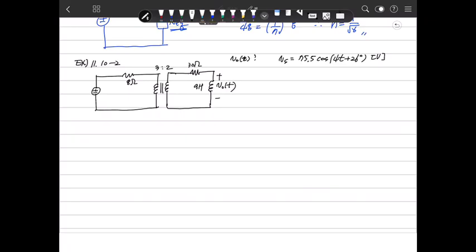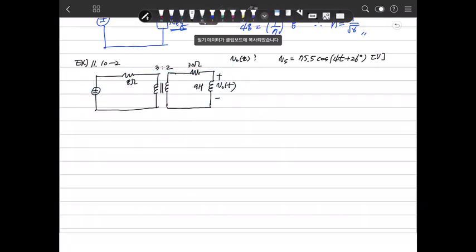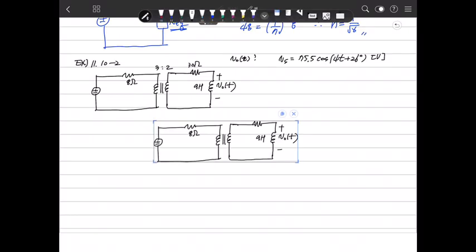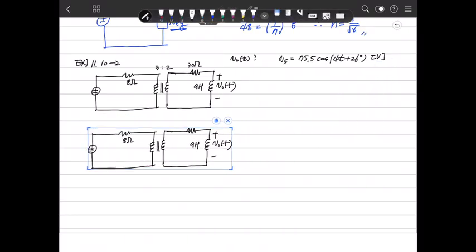I will redraw this in phasor form here. There is 75.5 at 26 degrees, and define this quantity as I1.